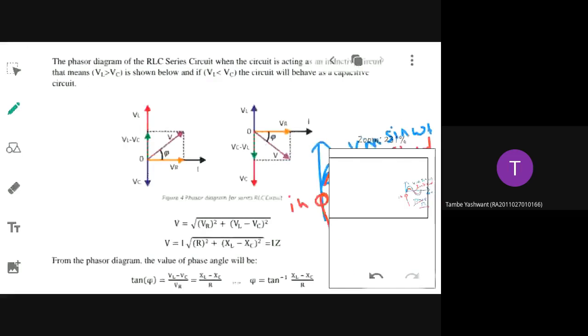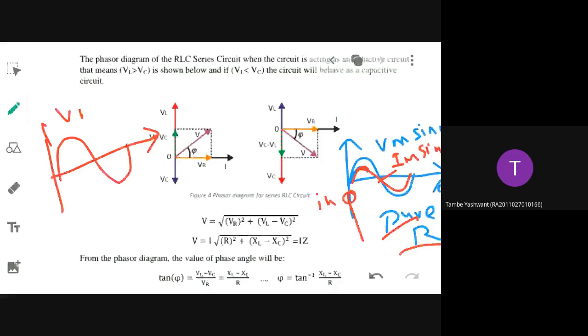Again, Vm sin omega t, this is voltage. What about the current? Ma'am, it will start from down. Current is lagging behind voltage by 90 degrees. So if it is the case, how will you draw? Ma'am, it will lag by 90 degrees. At pi by 2 it will be 0.